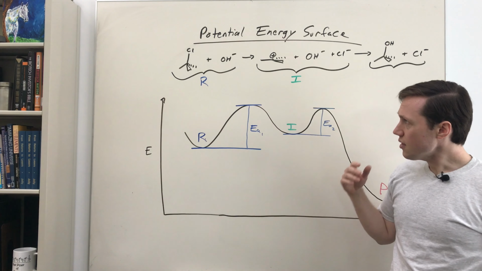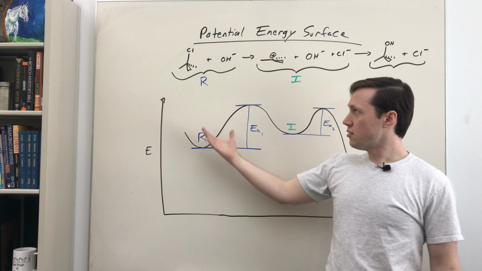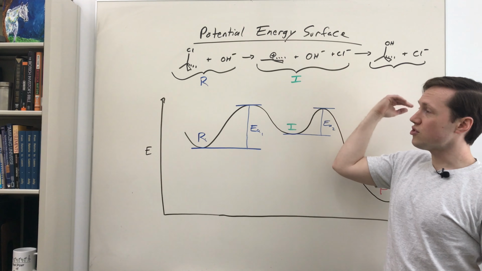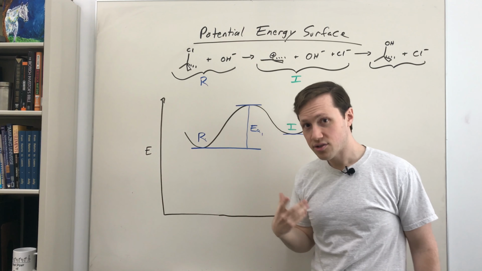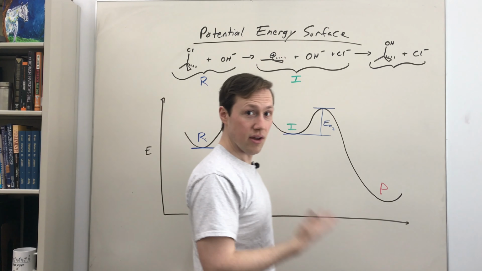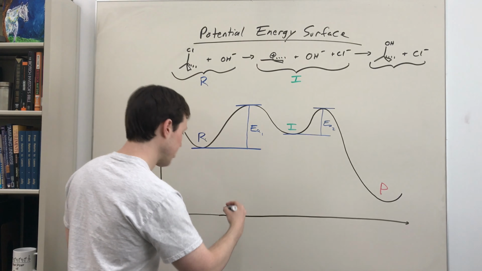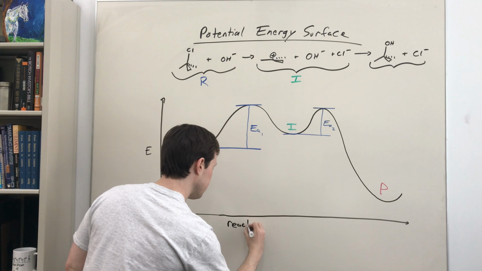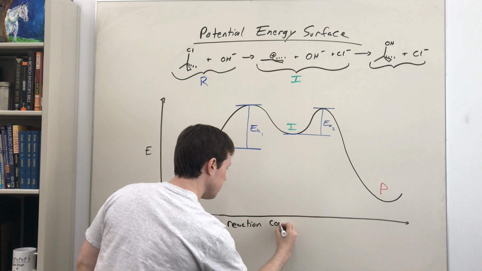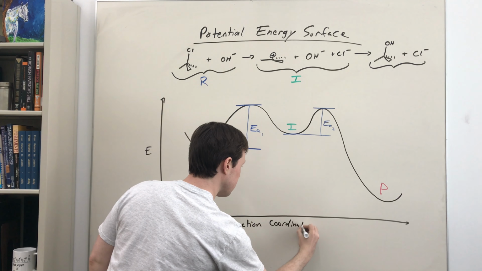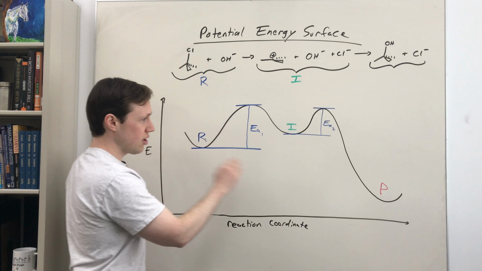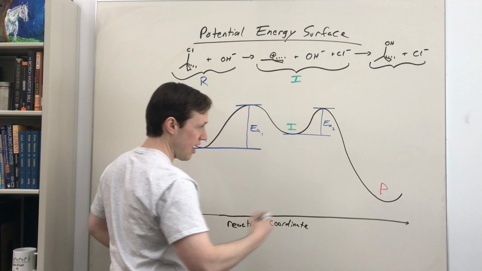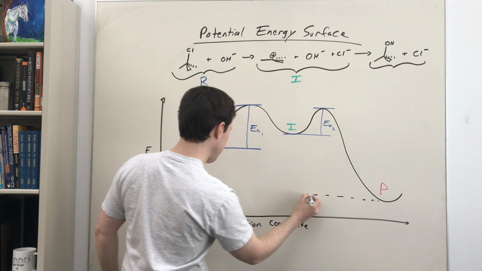So, our products were more stable than our reactants. The reaction was going forwards. So, in this particular reaction coordinate, you can see that our reactants are higher in energy than our products.